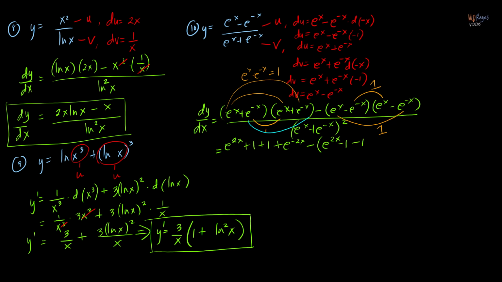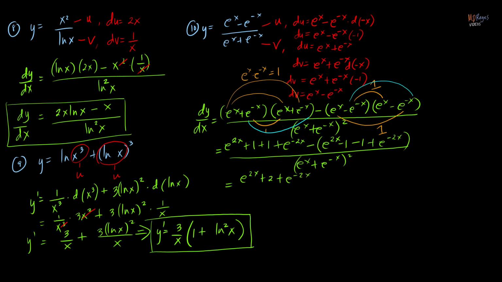Take note of the signs. And then the last terms will give us positive e to the negative 2x. So all of them over e to the x plus e to the negative x quantity squared. Okay, combining like terms, we'll be getting e to the 2x plus 2 plus e to the negative 2x.